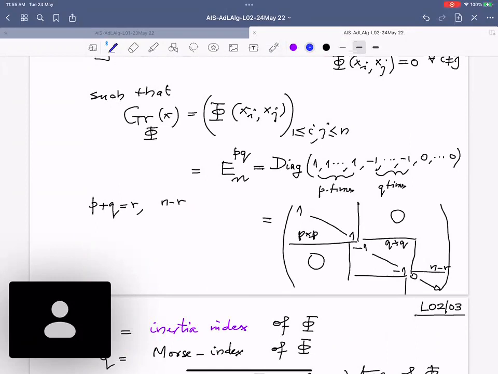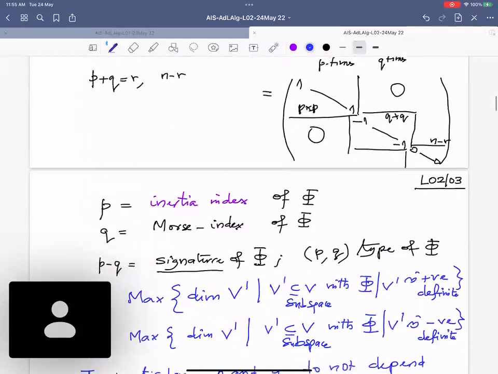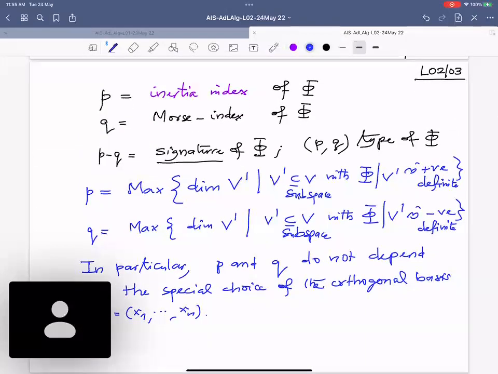So you'll have to prove they are the same. Then only they are well defined. But if I prove directly that P is this and Q is this, then it doesn't depend. The definition of P and the definition of Q doesn't depend on the orthogonal basis. So no matter what orthogonal basis somebody chooses and comes to that P and Q, they are unique. And therefore they are the invariants of the form.